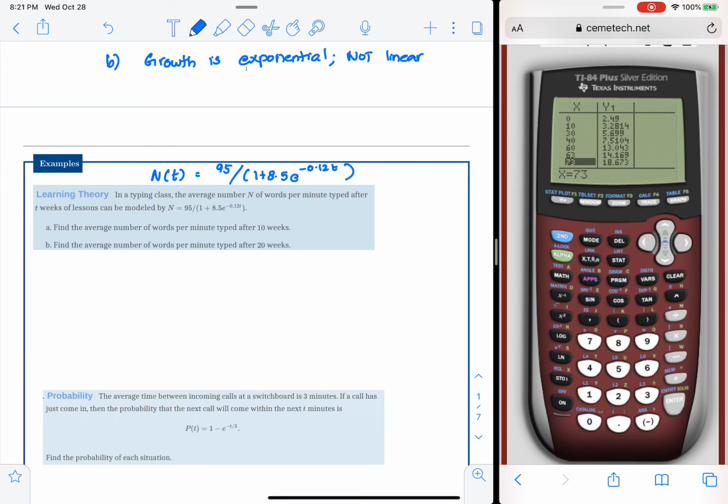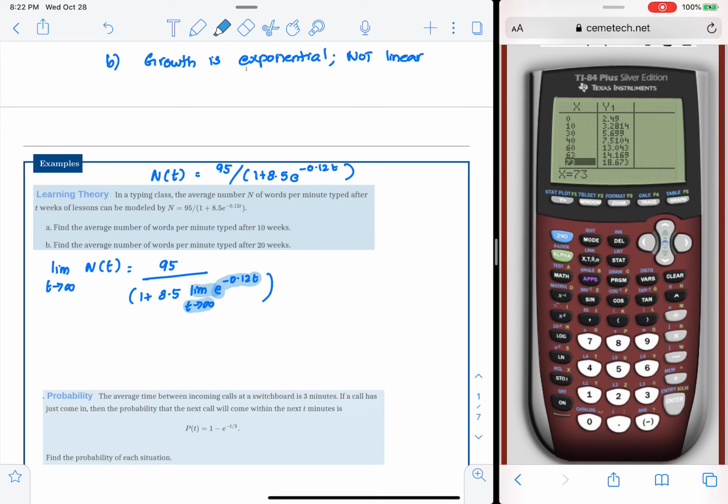Even before we start the problem, we can take the limit as t approaches infinity, which would mean 95 divided by 1 plus 8.5 times the limit as t approaches infinity of e raised to the minus 0.12t. The reason is that this is the only term that has t in it.